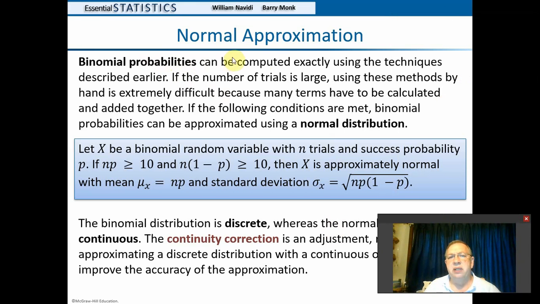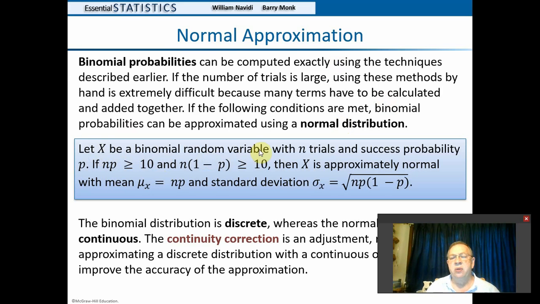Binomial probabilities can be computed exactly using the techniques described earlier. If the number of trials is large, using these methods by hand is extremely difficult and time-consuming because many terms have to be calculated and added together. So if the following conditions are met, the binomial probabilities can be approximated using a normal distribution. You can use normal tables, and it's much quicker than going through the exact binomial calculation.